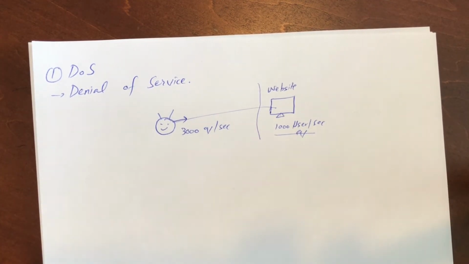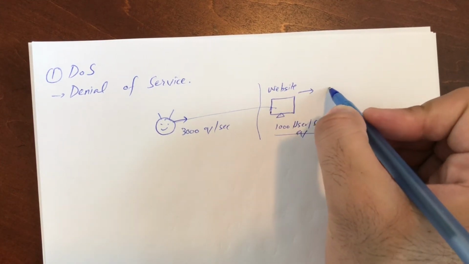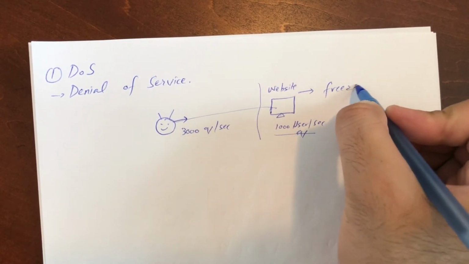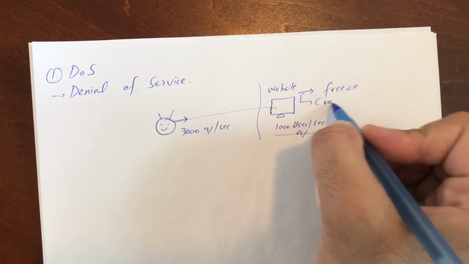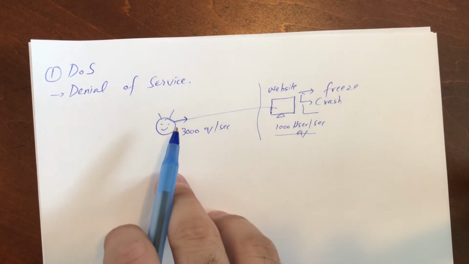If 3,000 queries are coming from a specific user, what's going to happen? The website can freeze. It could crash, or it could restart, in fact. There are many things which could happen. So this type of attack is called a denial of service attack.